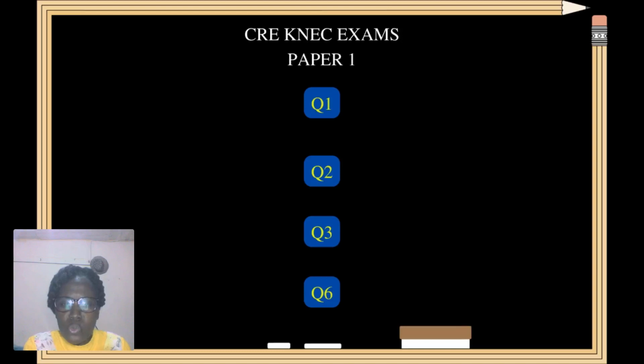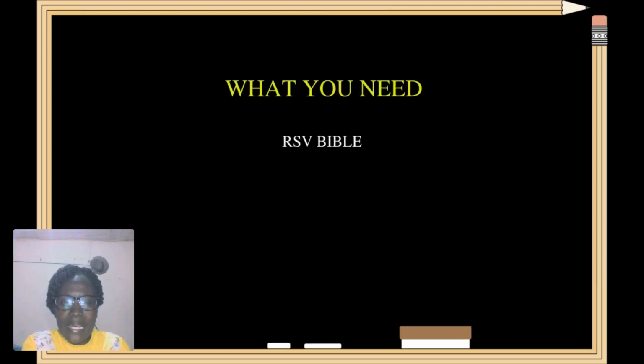So question 1, question 2, question 3, and question 6. We will look at specific areas for question 1, specific areas for question 2, specific areas for question 3, and specific areas for question 6, when we prepare ourselves for the discussions, because I know we will be having some discussions.